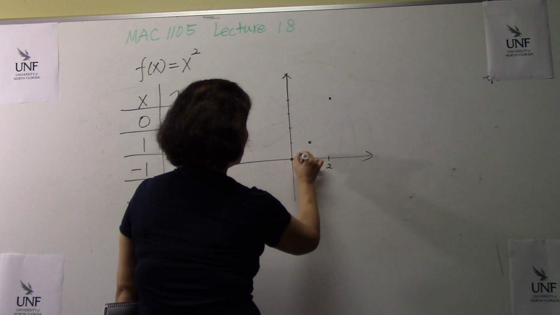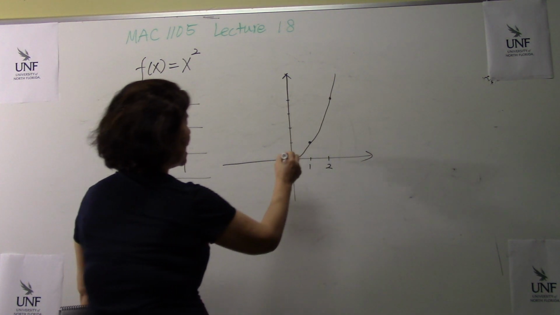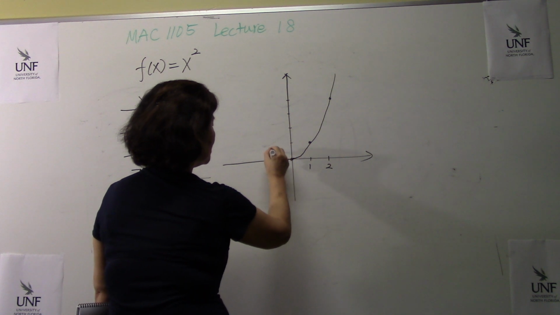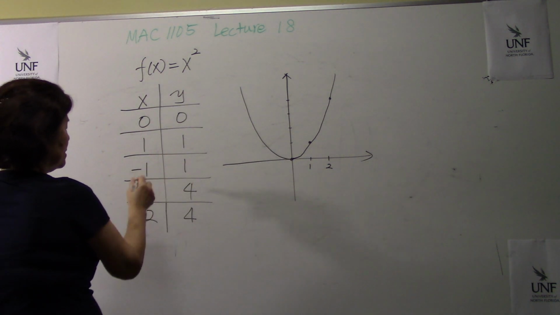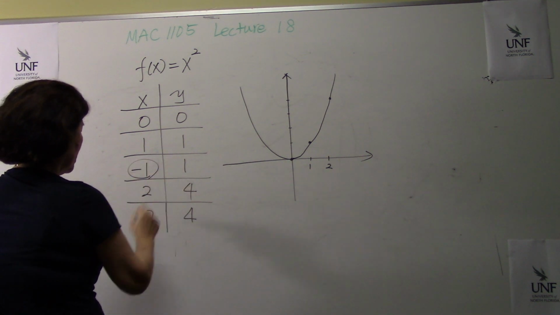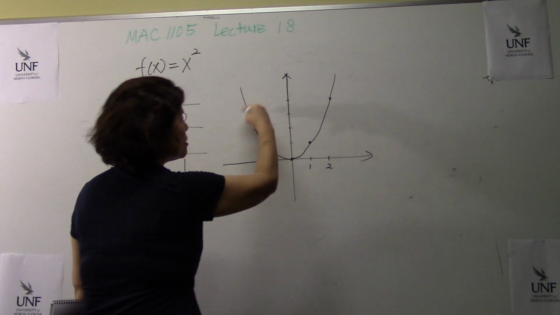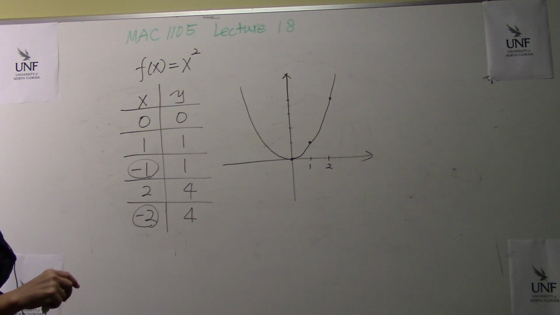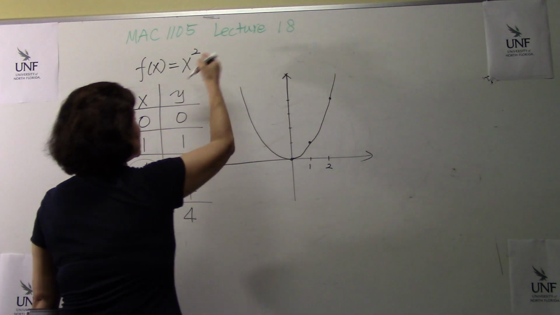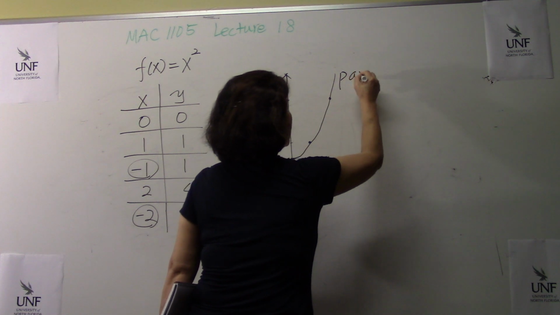So it is going to be a little curve on this side and the other side also a little curve, looks like that. Same for negative 2, same 4. That's why it has a mirror image of this side. So this is a squaring function, and the graph, we call it a parabola.